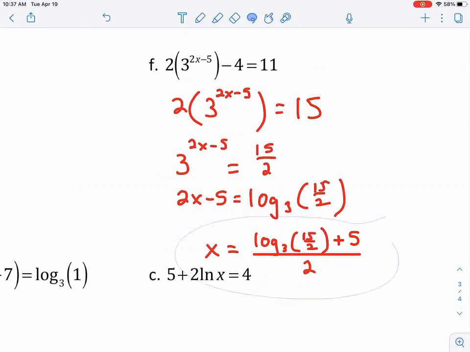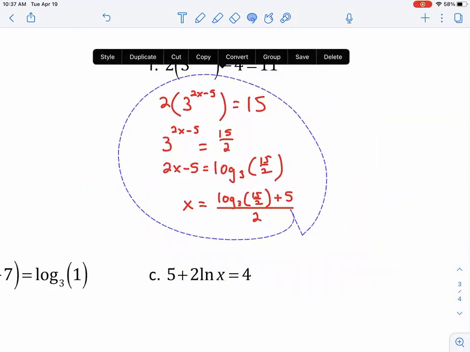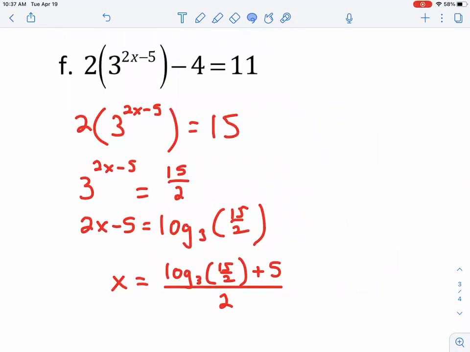I'm going to plug that in my calculator in just a sec. Okay, because that actually is our exact answer.